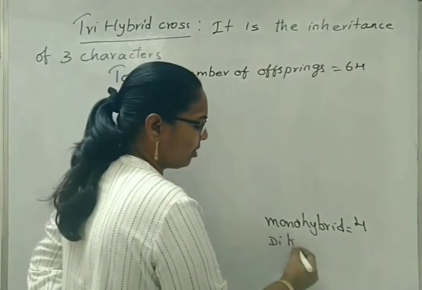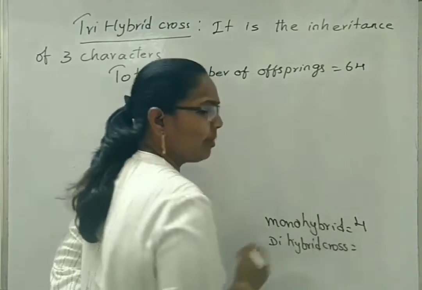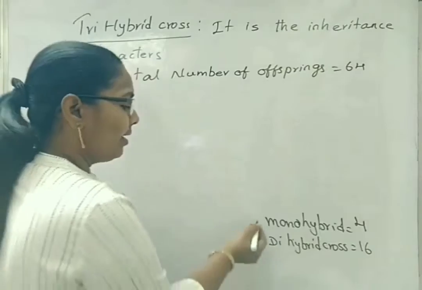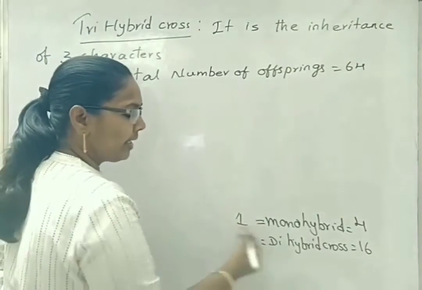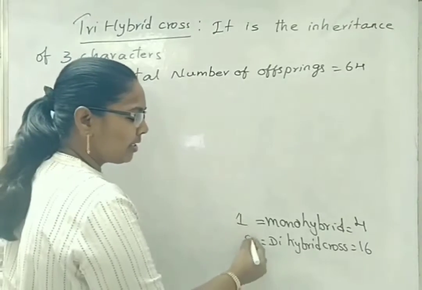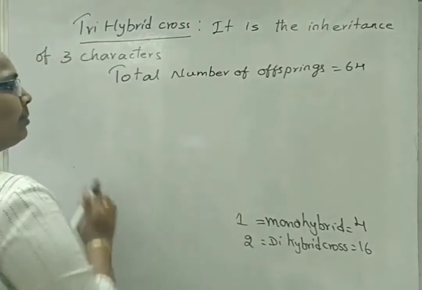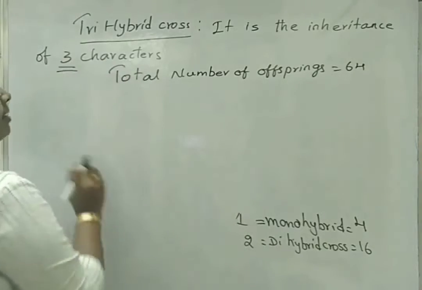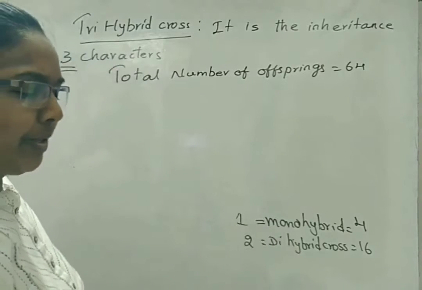In dihybrid cross, the total number of offsprings that we have seen are 16. And here we have taken consideration of one character. In dihybrid cross, we have taken consideration of two characters. In the same way, in trihybrid cross, the total number of characters that are taken are 3 and total number of offsprings obtained are 64.